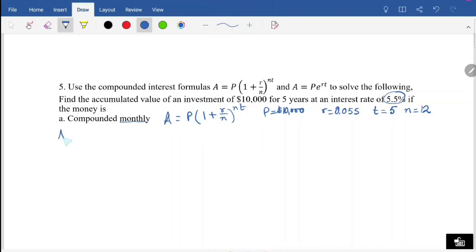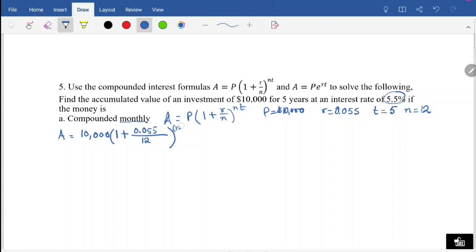So A equals, P was 10,000, so it's 10,000 times 1 plus R is 0.055, so 0.055 divided by N is 12, right? 12 times, it's going to get compounded. And then the exponent values are N times T, so 12 times 5, right?